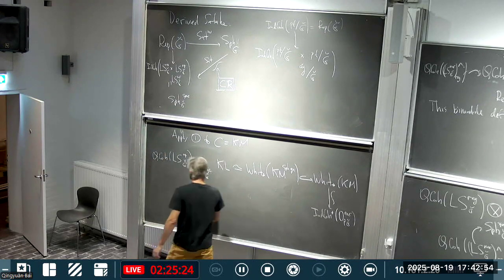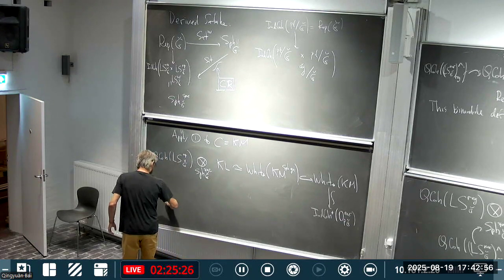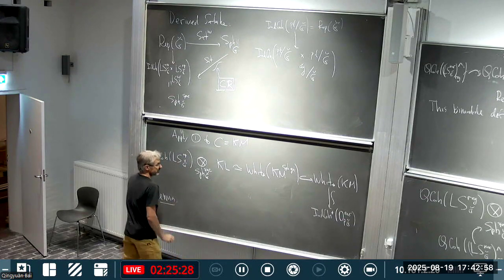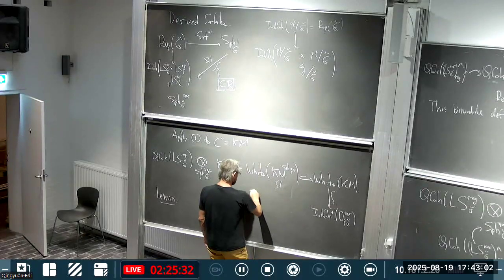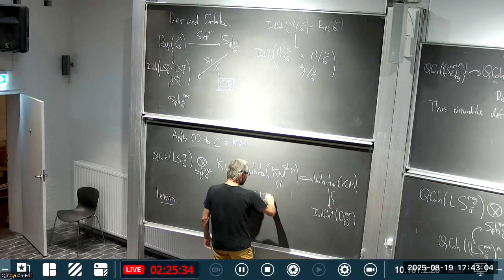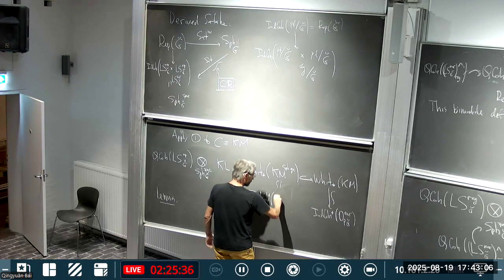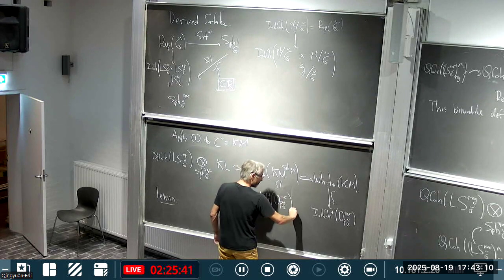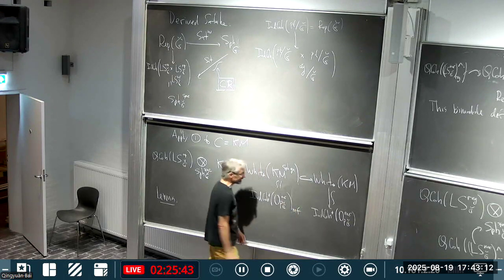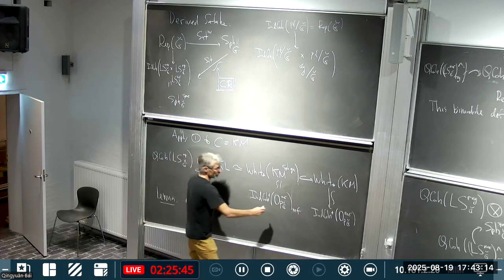So lemma: under the identification, it's just Ind-Coh star of meromorphic opers, but the guys supported at the monodromy locus.